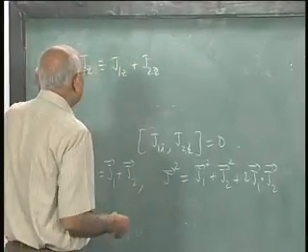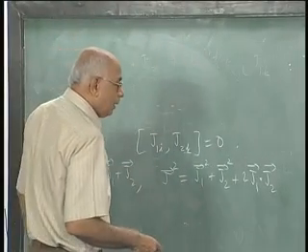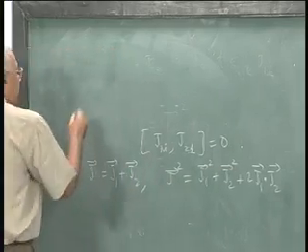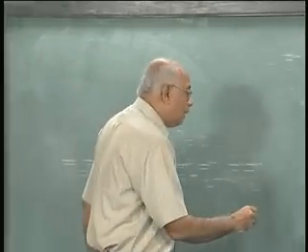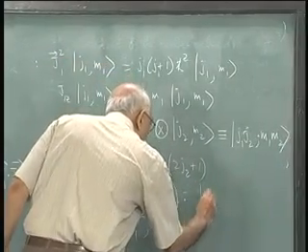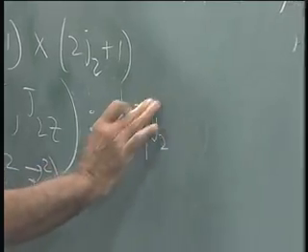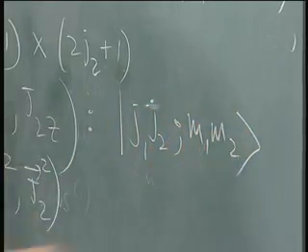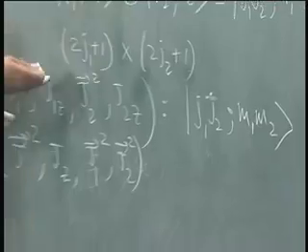So what does that mean? Oh, by the way, I have to prove to you, and we will do that in a second. If I choose this set, then my eigenstates are labeled by j1, j2, m1, m2. This is what we did earlier, it is just direct product states.